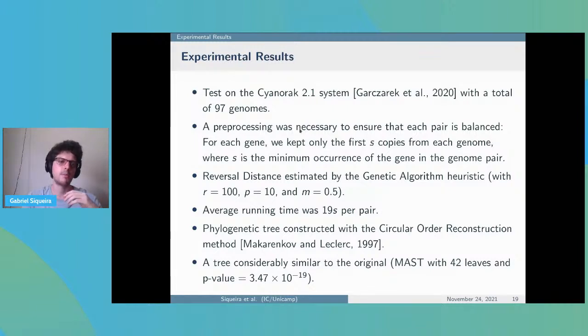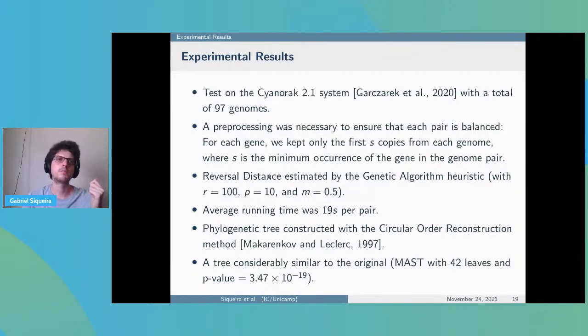So we need a preprocessing step to eliminate some of the genes, so the resulting strings are balanced. We tried something simple just to show that the heuristics could solve the problem even with a simple preprocessing step. We just kept the first S copies of each gene in the genome, where S is the minimum number of copies in both genomes. So if there is a genome with 10 copies and another with 5 copies, we're going to keep 5 copies in both.